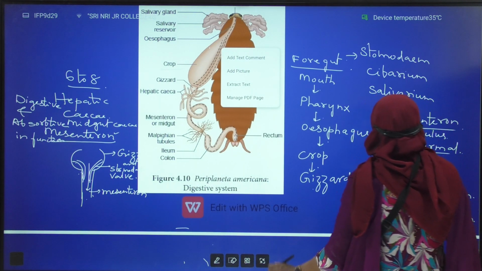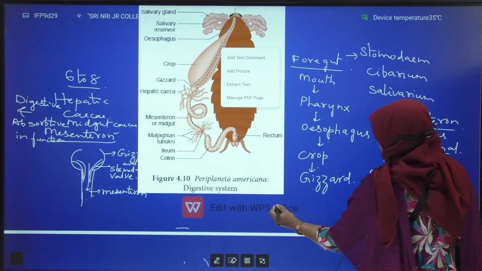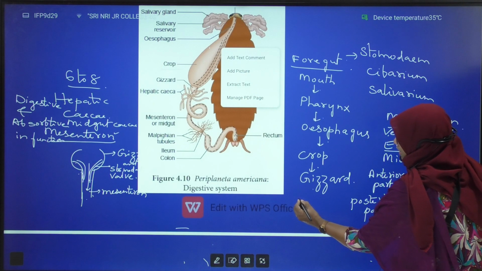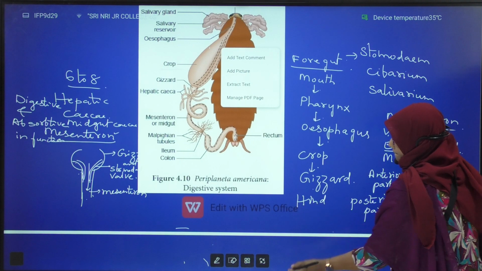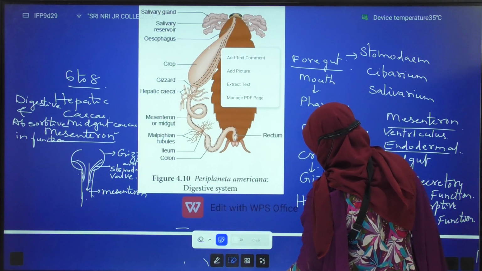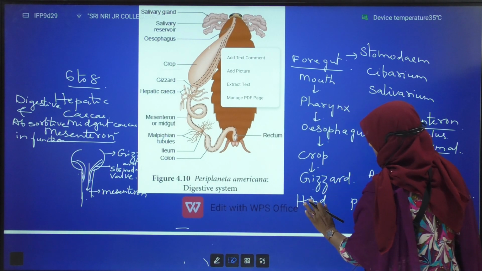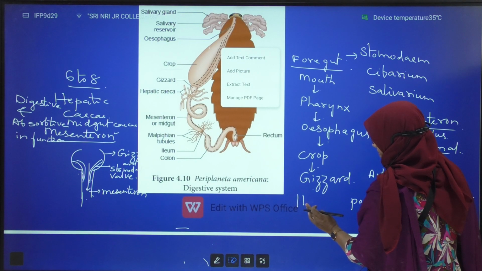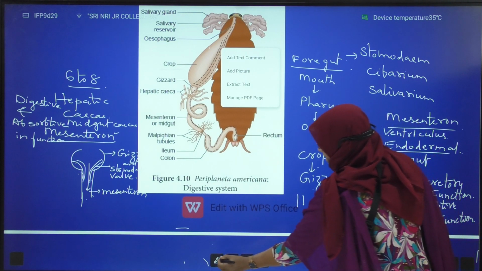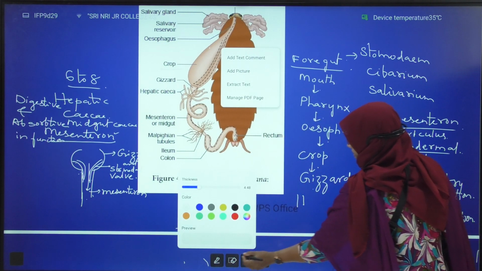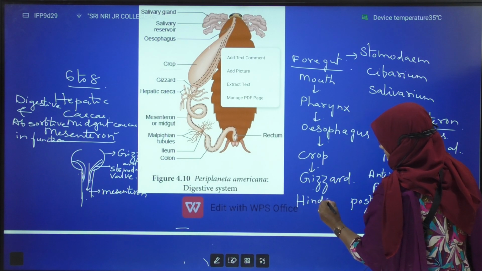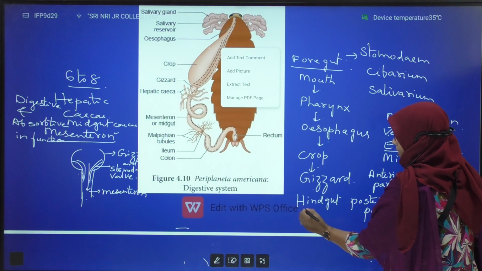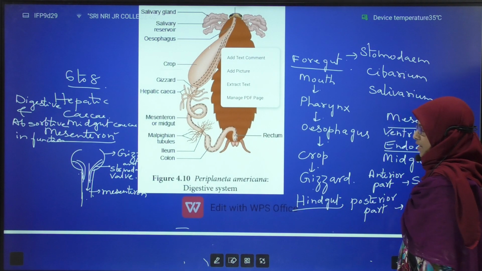Next, the third part of the alimentary canal is the hindgut. Hindgut is the last part of the alimentary canal.